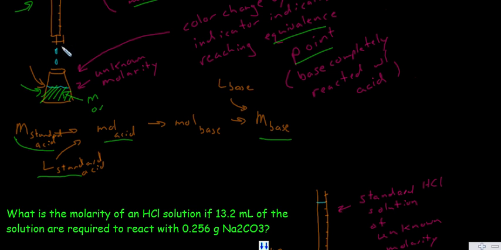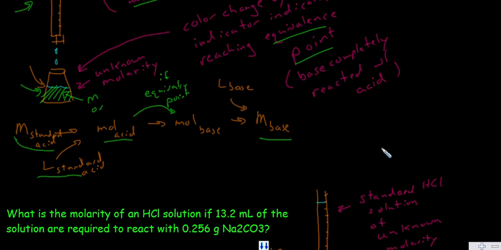And because we add just enough acid to react with all the base at the bottom, we can convert from moles of acid to moles of base. You can do that mole-to-mole conversion if you have reached precisely the equivalence point. And so, knowing the number of moles of base and perhaps the number of liters of base solution, you might find the moles per liter, or the molarity, of that base solution.